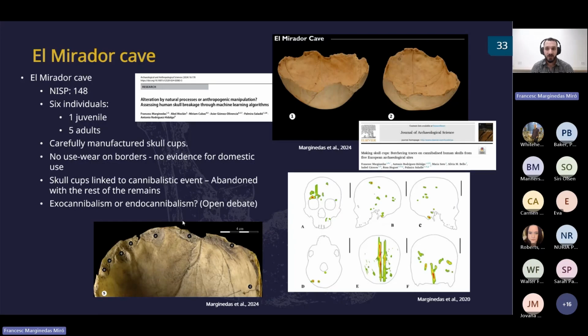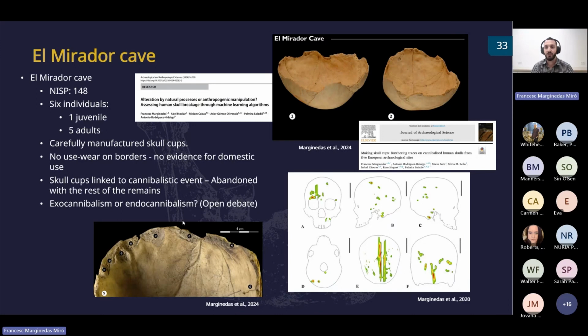The study of these remains supports the interpretation of a ritual context, particularly due to the careful manufacture of skull caps. These skull caps also show evidence of retouched edges, as visible by the notches in the bottom left image. And although some researchers have suggested that skull caps may have had domestic purposes, there is currently no evidence to support this interpretation.